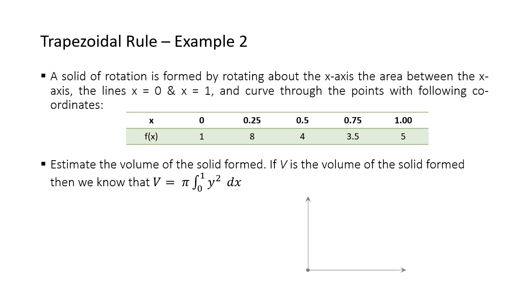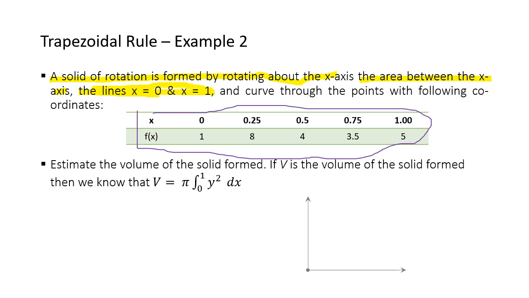Let us solve another example, and let me read the example. A solid of rotation is formed by rotating about the x-axis the area between the x-axis, the lines x equal to 0 and x equal to 1, and a curve through the points with the following coordinates. So there is a curve that goes through those data points.